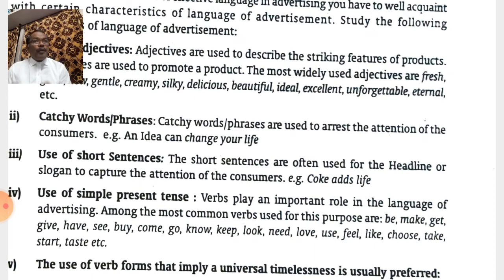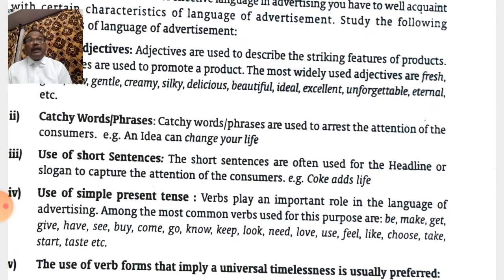There should not be complex sentences. There should not be finite and non-finite clauses like this. Coke adds life. The short sentences are often used for the headlines, for the features, for the slogan, to capture the attention of the consumers.